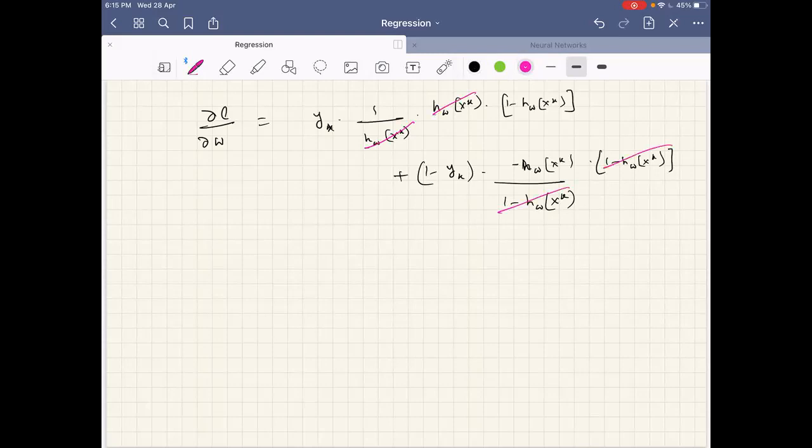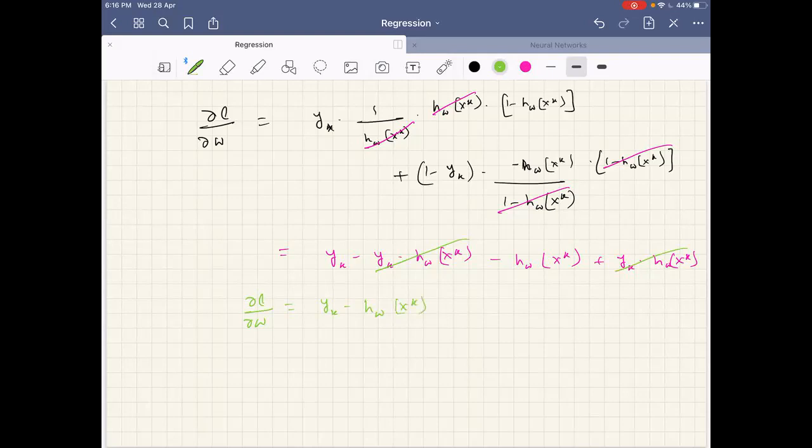Hence if we now simplify this, yk minus yk into HW of xk, minus HW of xk, plus yk into HW of xk, right? So you can see that these cancel out, and hence dou L by dou W, what we have is, please note that W is a vector, yk minus HW of xk.